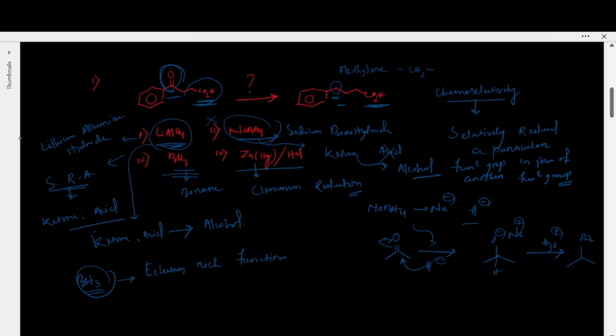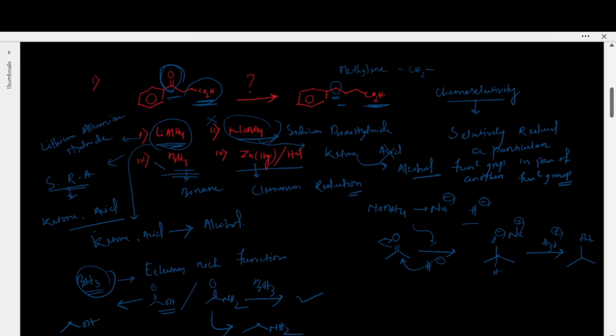Out of the two, the carboxylic acid is the more electron rich functional group. So carboxylic acid and amide can be reduced by BH3 only. The acid will be converted to alcohol by BH3 and the amide will be converted to amine by BH3.